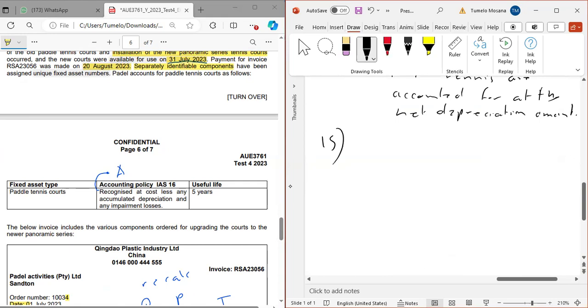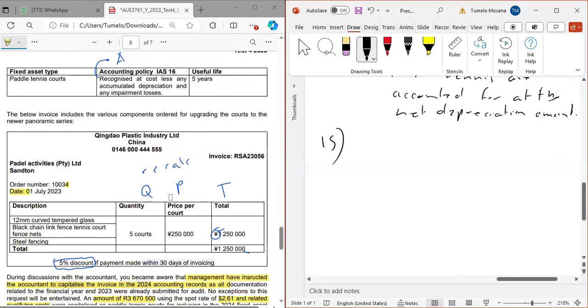And then what you need to check is that since we are told that this invoice is net 5%, right?